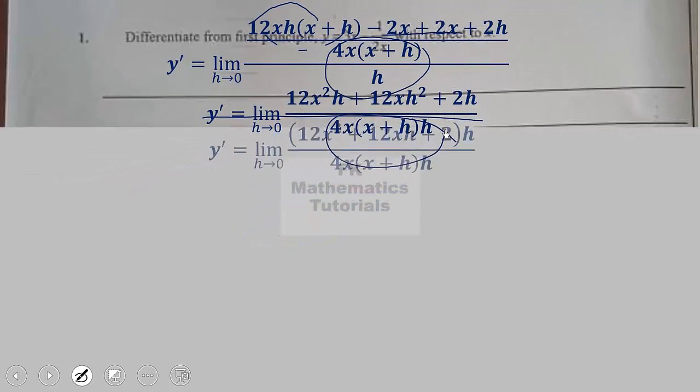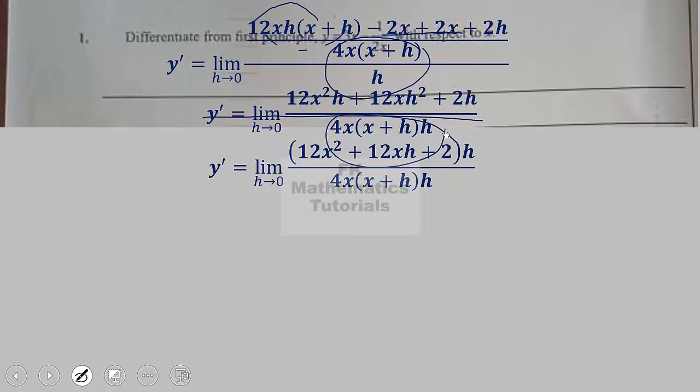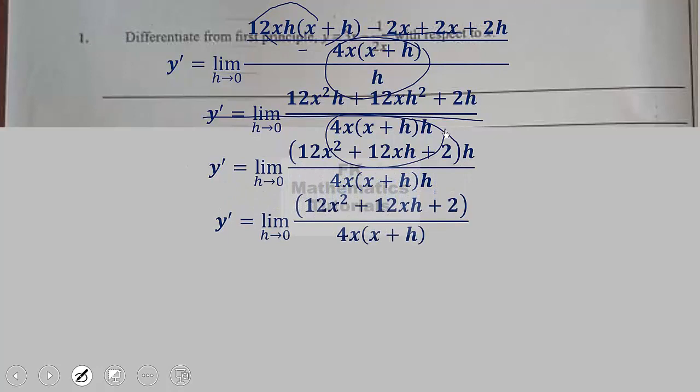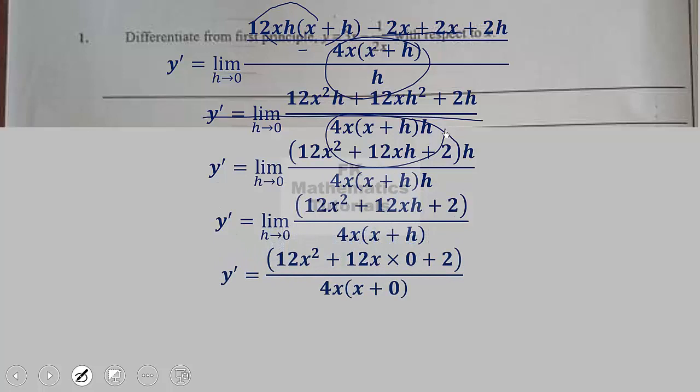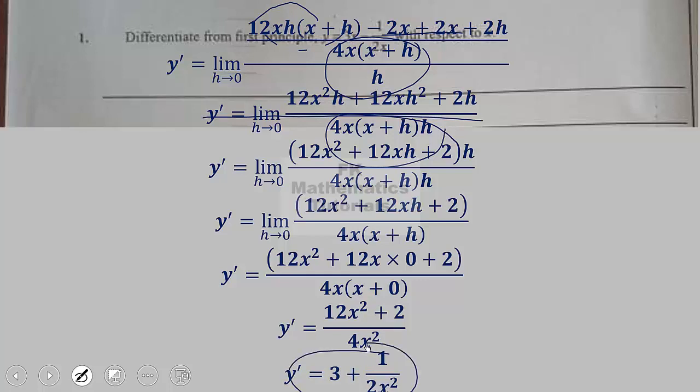So we factor the numerator so that we can cancel out. Now, as h is approaching 0, we can substitute h equals 0, and that will give us this expression. So when we simplify further, we share the denominator among the numerators, and we get 3 plus 1 over 2x squared. So from the first principle, the result is this.